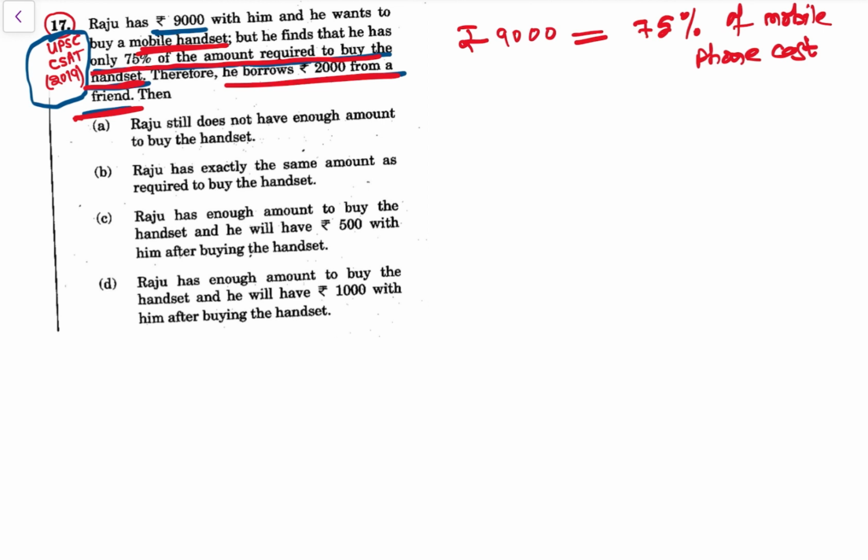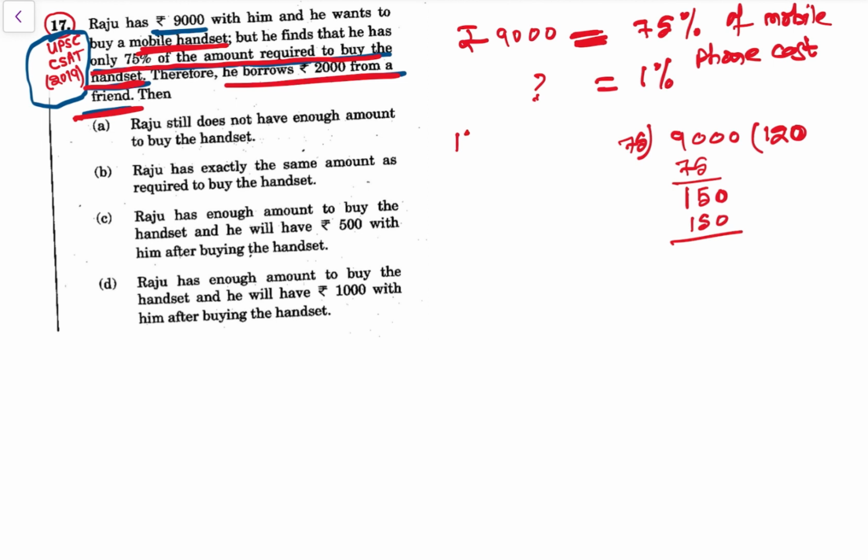So now we know 75% is 9000, तो 1% कितना होगा? 1% would be 9000 divided by 75. 75 से करो, so 75 ones are 75, then 9 1 15 बचा, so 0 नीचे आएगा, so 75 2s are 150, फिर 0 आएगा, so 120. So 1% is 120 rupees.